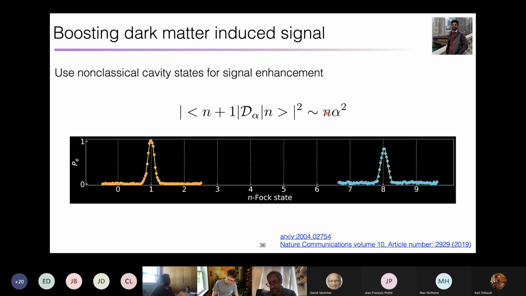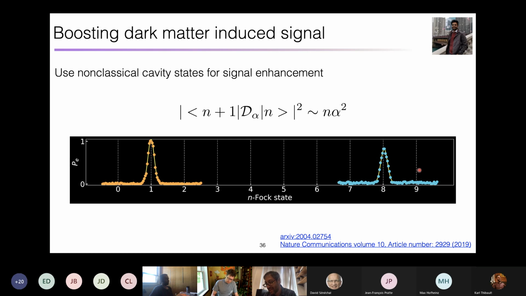And so the thing is, we want to see exactly one photon, and we want to have no background. So we don't want to put a coherent state in there because that would cause a big background. But if we could put a Fock state in there, say exactly 8 photons, then the dark matter could change you from 8 to 7 or 8 to 9.